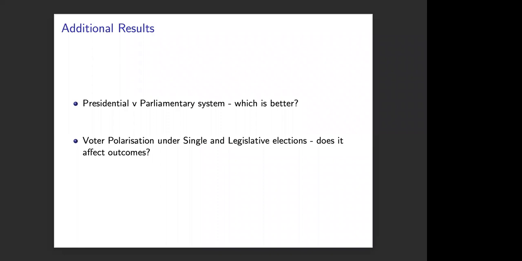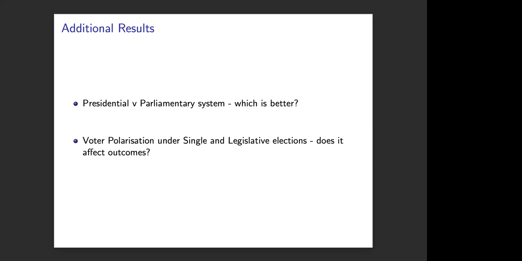So I managed to get through a bit quicker than I thought, and so I didn't go into detail on these, but I can chat about them if anyone wants later. Additional results we have in the paper is that I compare a crude version of a presidential system versus a parliamentary system, and ask which is better.